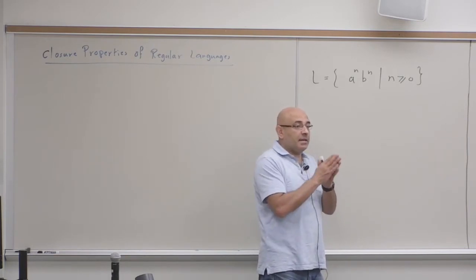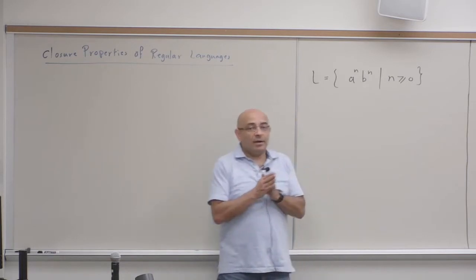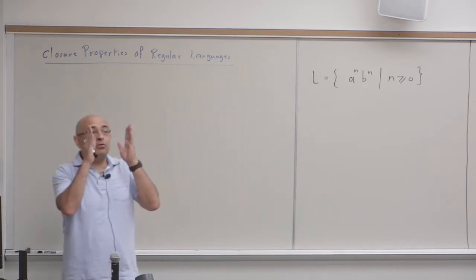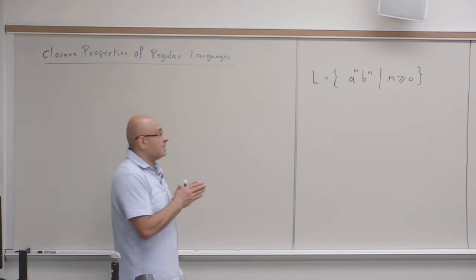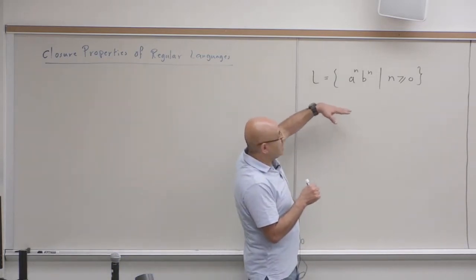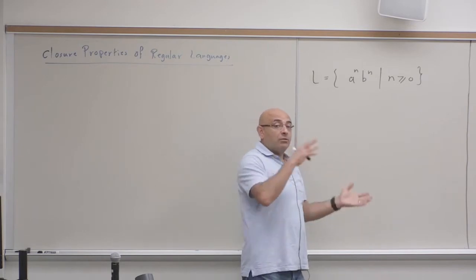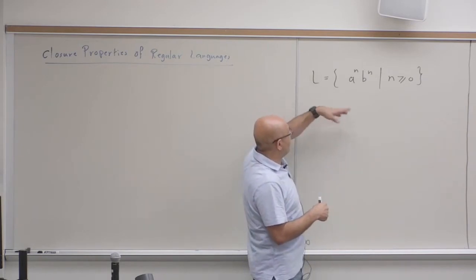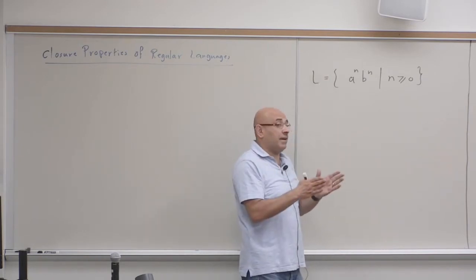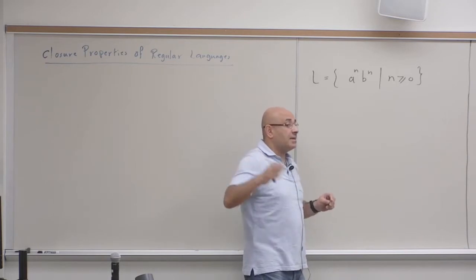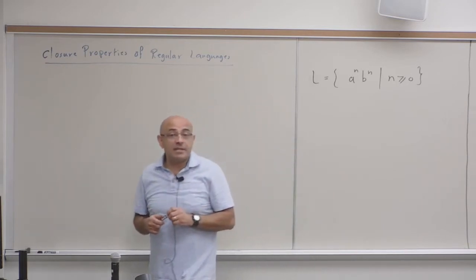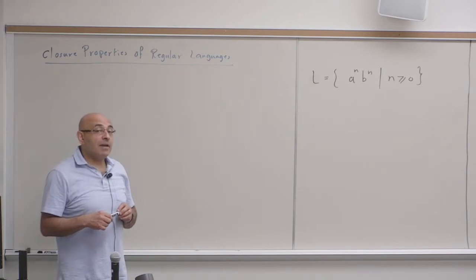You process the string only once. So you can't go back to check how many a's and how many b's. You should count the number of a's, and then once you start getting b's, you want the number of b's to be the same as the number of a's.